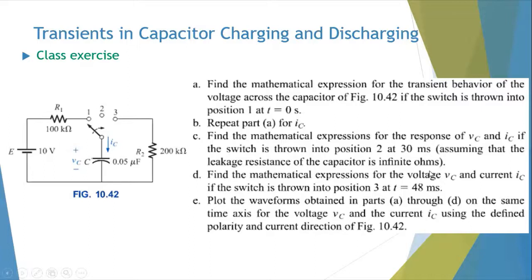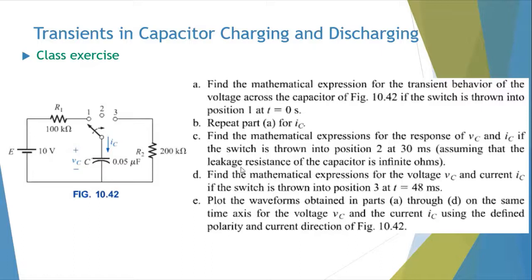It's normally a very large value, so it takes a lot of time to discharge. But if you assume the leakage resistance to be infinite, the time constant is infinite, which means the capacitor would never discharge. So VC is going to be maintained at 10 volts, and IC would simply be 0, because no current is flowing in the capacitor.